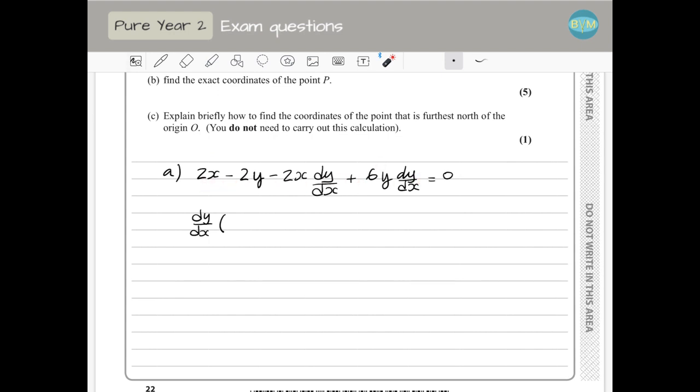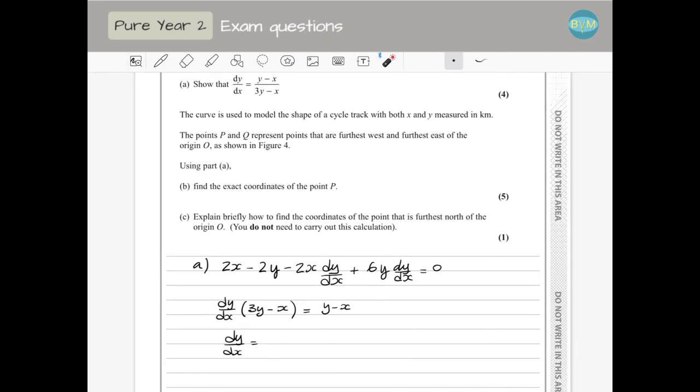So dividing everything by 2 and factorizing dy by dx, I have 3y minus x multiplying dy by dx, and on the other side I'm going to have positive y minus x, which means that dy by dx is y minus x divided by this one.